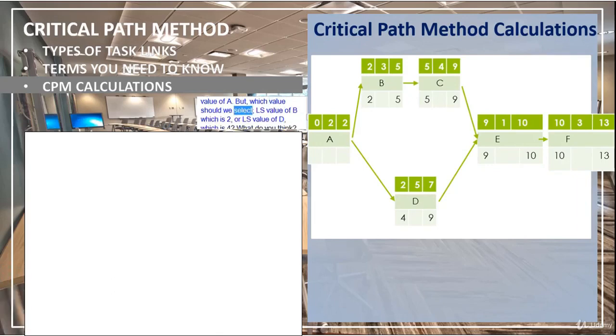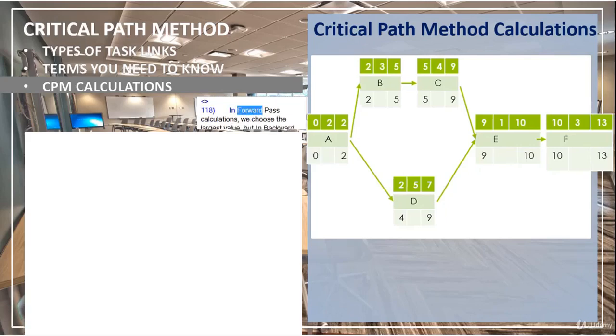But which value should we select? LS value of B, which is 2, or LS value of D, which is 4? What do you think? In forward pass calculations, we choose the largest value, but in backward pass calculations, we should choose the smallest value.